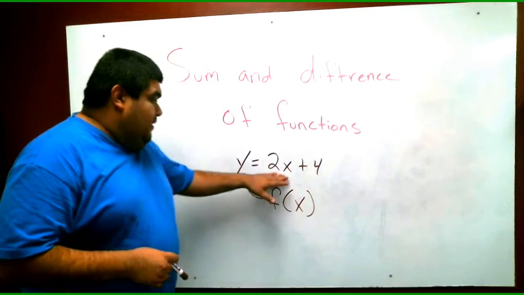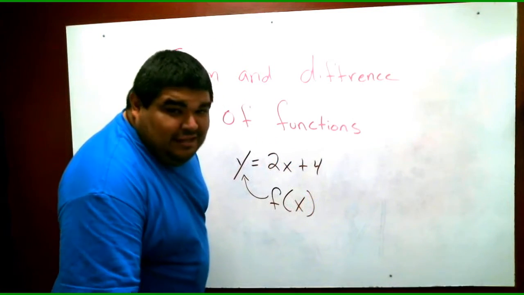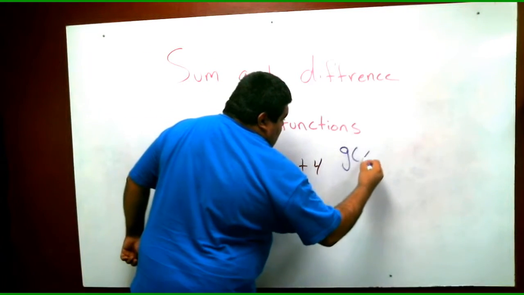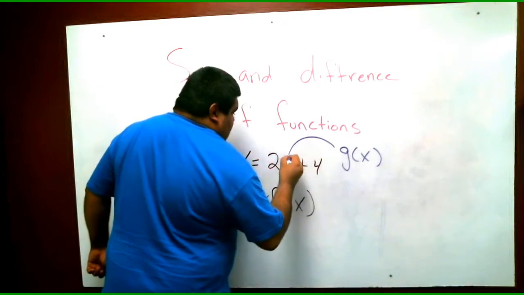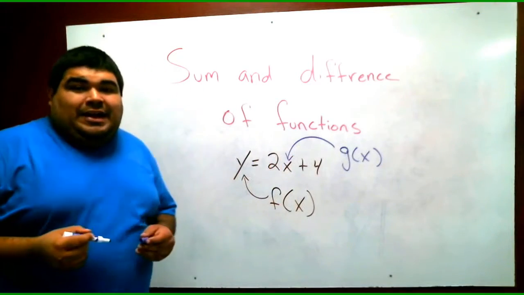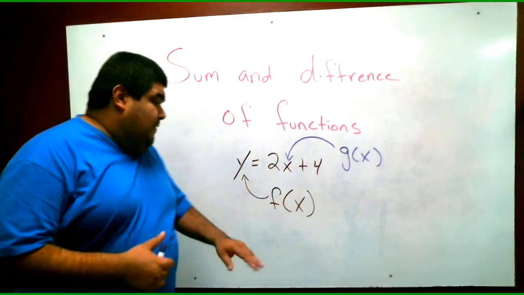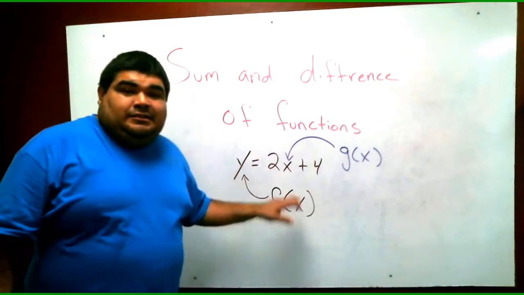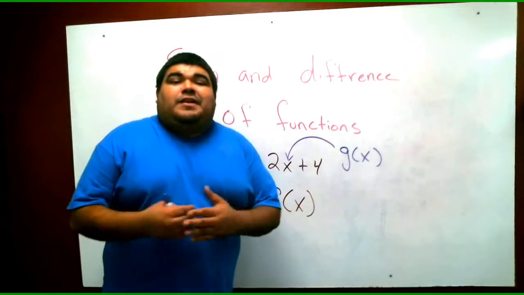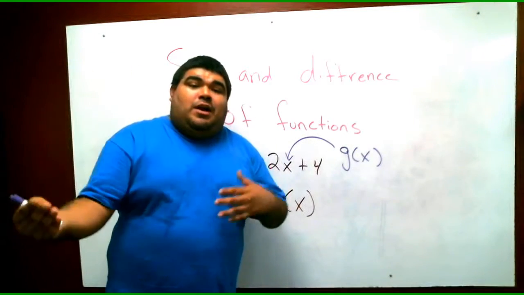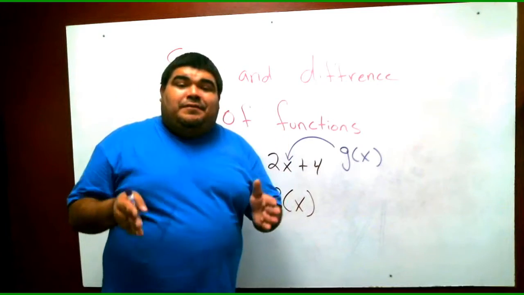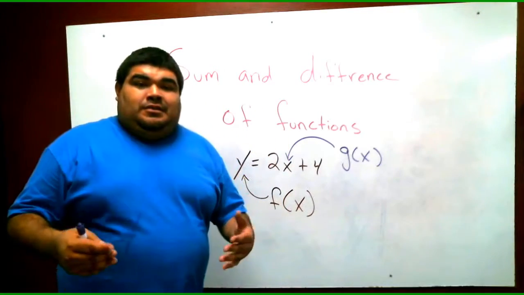It's x, right? So if I say g of x, it means your x. Okay, so f of x is your y, g of x is your x. So we have two different functions. One's for y, one's for x. Okay, so we have an f of x and a g of x.